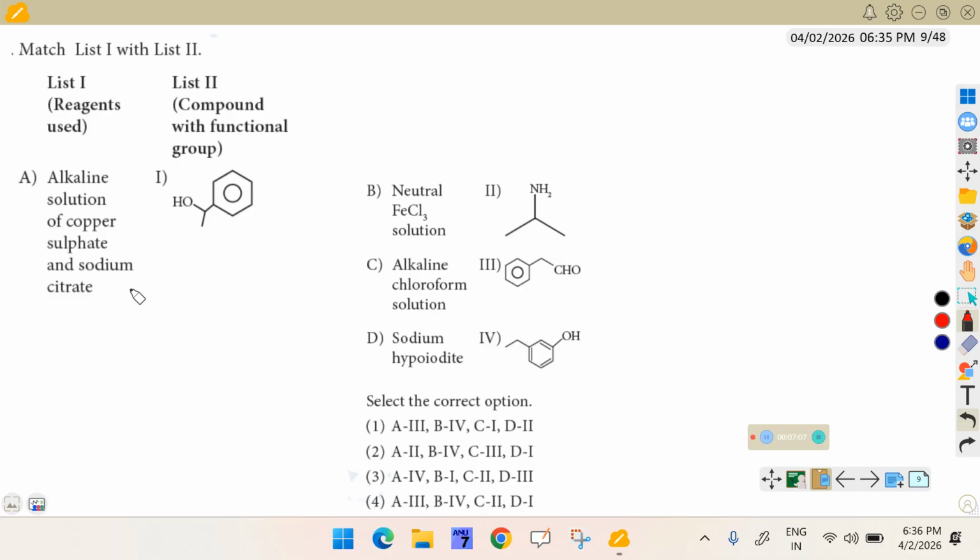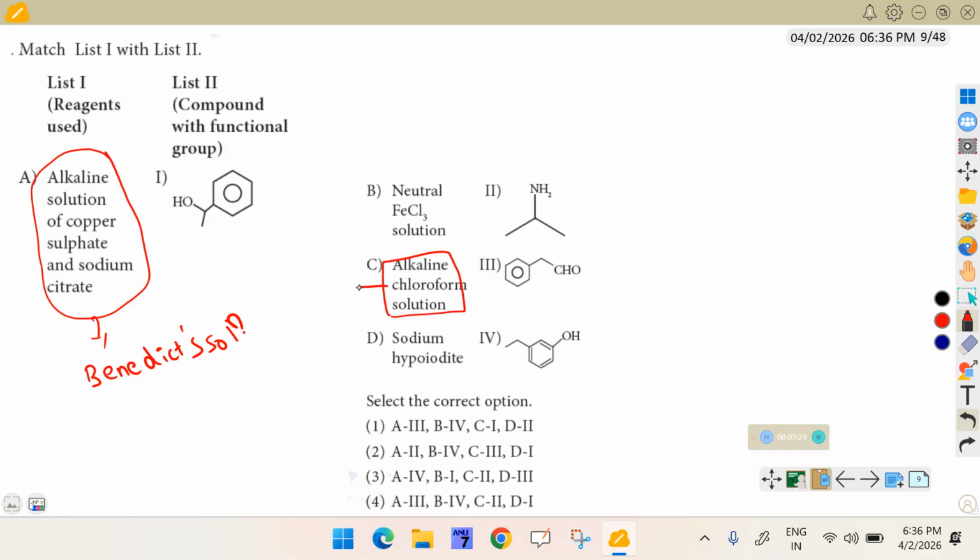Match the following: alkaline solution of copper sulfate and sodium citrate. This is called Benedict's solution. Neutral FeCl3 solution. Alkaline chloroform solution means this is nothing but CHCl3 plus KOH.